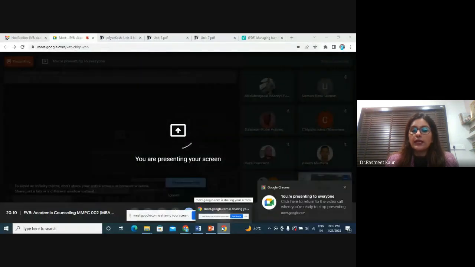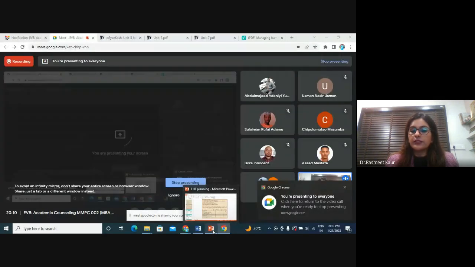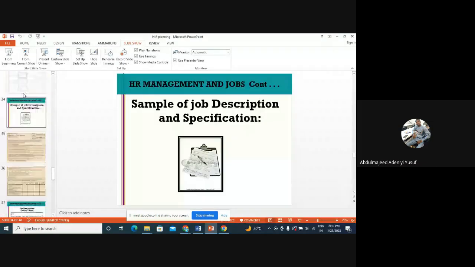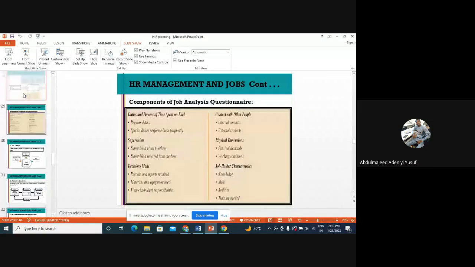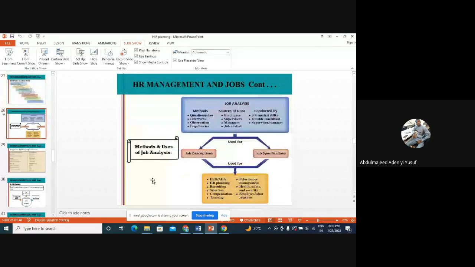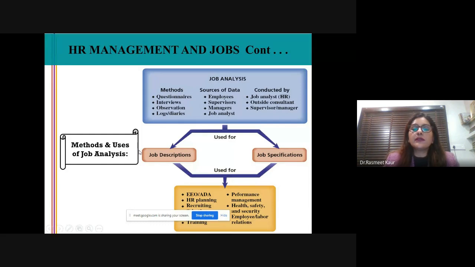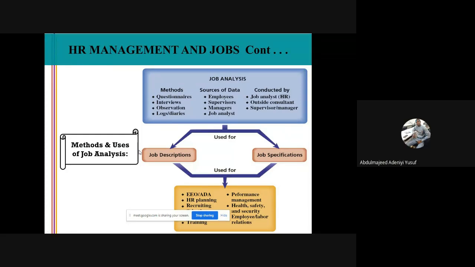Again, as I said, that PPT would be more effective than your PDF notes, and it will give you more clarity related to the methods. I'll just put this on slide mode. Can you see this? Yes, ma'am, we can see it.